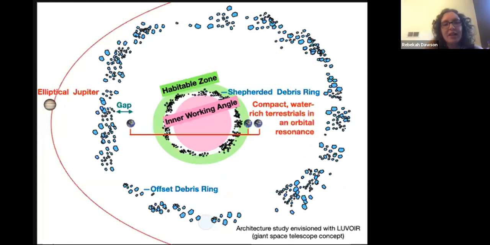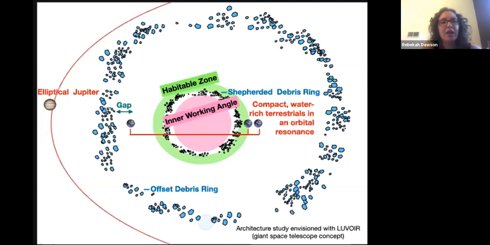So we have it near the inner working angle, a shepherded debris ring that tells us some limits on the mass of the planet. We see that there are 3 compact planets in an orbital resonance with very water-rich composition, and there's a gap between them and the outer belt that might suggest that they migrated a little bit.